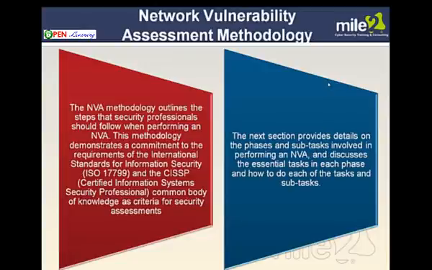The network vulnerability assessment methodology basically outlines the steps that security people should follow in performing this network vulnerability assessment. It demonstrates a commitment, following along with the ISO standard 17799, and also CISSP has their common body of knowledge as criteria for security assessments. We use these.